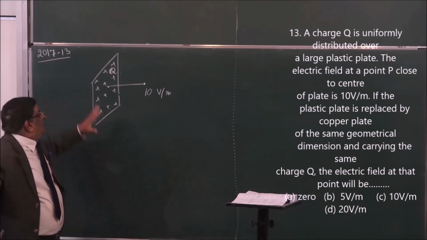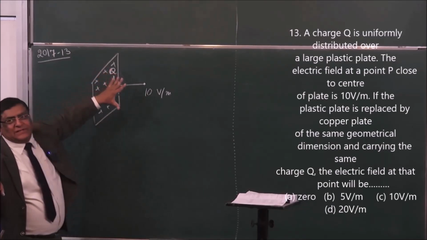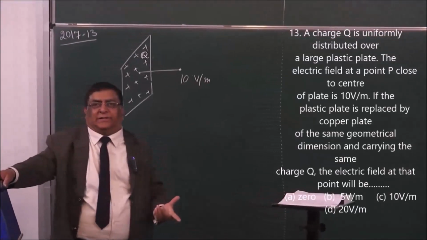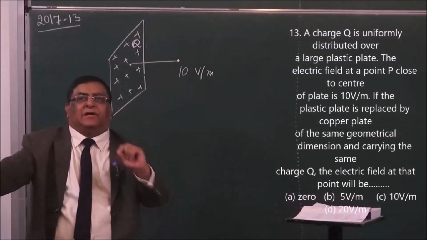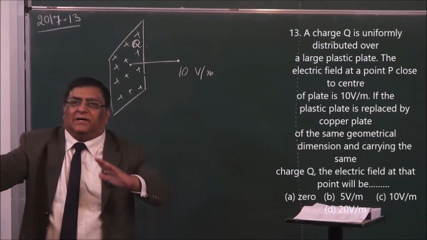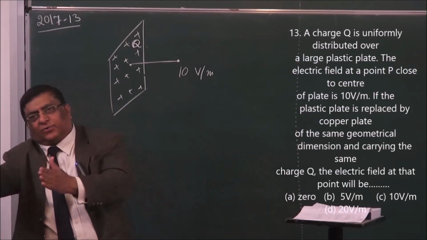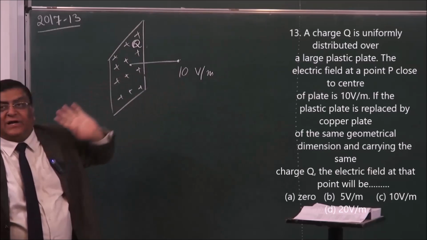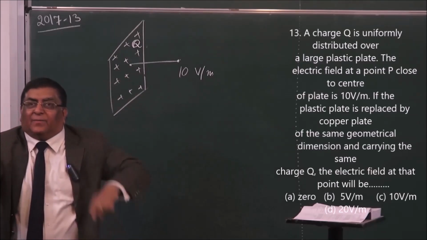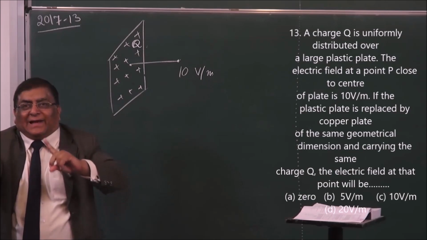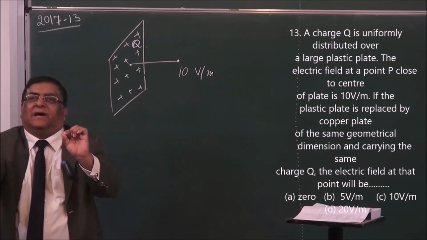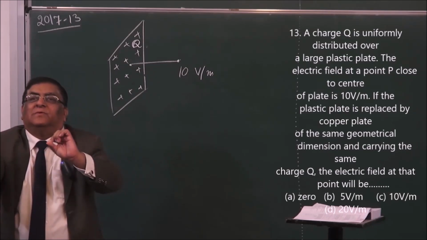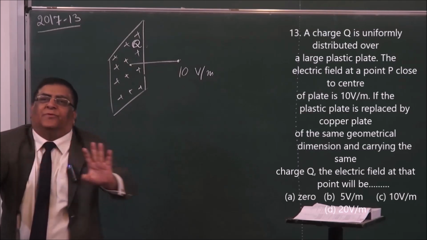We know that a large sheet of plastic is a bad conductor and a copper sheet is a good conductor. और हमको इस क्वेश्चन में ये कंफ्यूज करने की कोशिश की गई है कि अगर हम एक बैड कंडक्टर से एक गुड कंडक्टर को रिप्लेस करें तो क्या इलेक्ट्रिक फील्ड में कोई चेंज आएगा, और इन्होंने 4 आंसर दिए. लेकिन हमको ये याद रखना है कि इलेक्ट्रिक फील्ड चार्ज पार्टिकल से बनता है. उसको कंडक्टर का चार्ज पार्टिकल है या नॉन कंडक्टर का चार्ज पार्टिकल है, उससे कोई फर्क नहीं पड़ता.